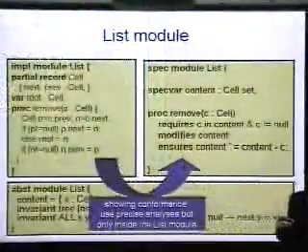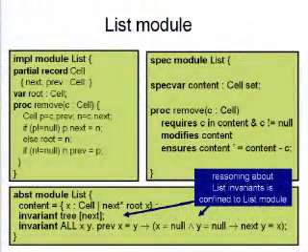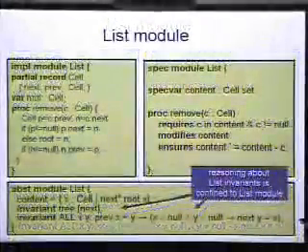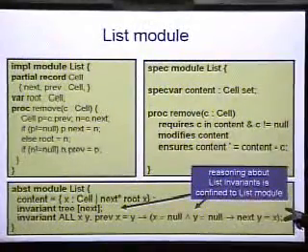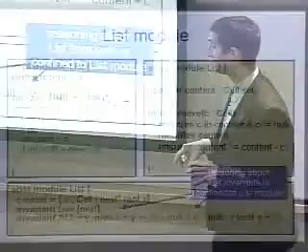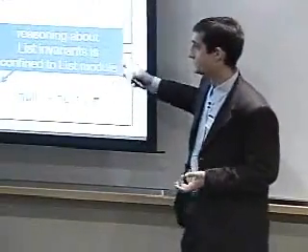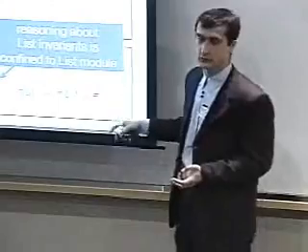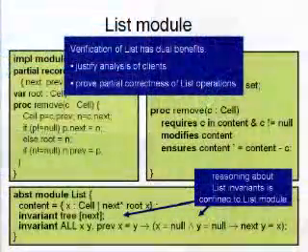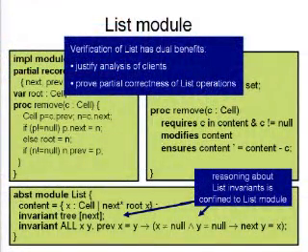Basically, we now need to show that the implementation conforms to the specification in order to justify this high-level analysis. And while we are doing that, we are also going to verify these invariants. There are these internal data structure consistency invariants that are specific to the module. And the nice thing about this modular approach is that you only need to verify them inside the module, and you know that they will not be violated outside.